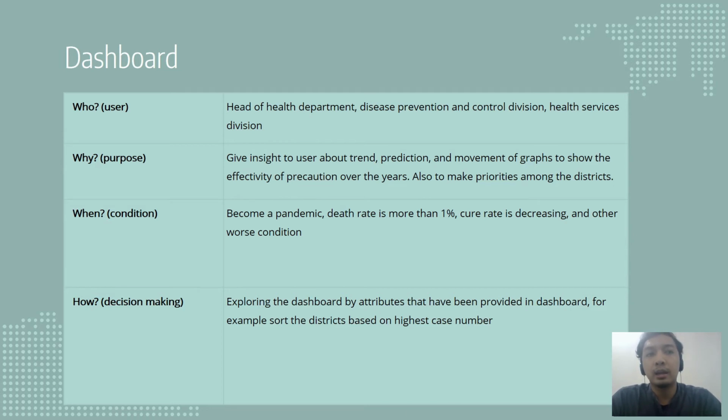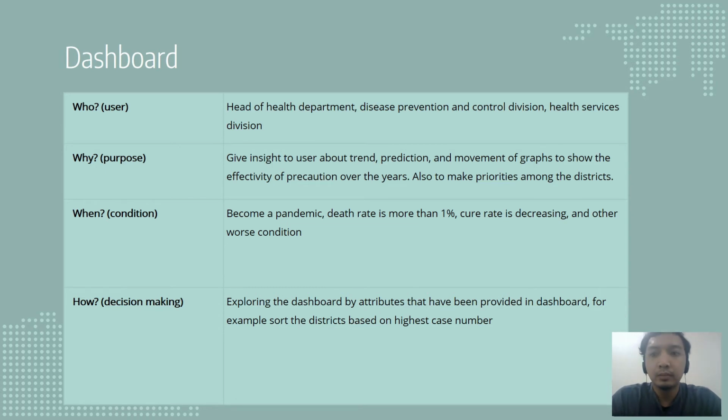So I give the three main parts of the health department. They are the head of the health department, the disease prevention and control division, and the health services division. Those are the target users of this dashboard, because they can make decisions as decision makers.